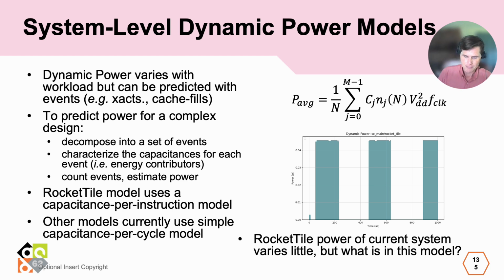and then we'll make some more comments as we go. So first of all, if we want to predict dynamic power, we know that that dynamic power is going to vary a lot with the workload that you have running on that IP, but that you can predict it with a number of events, things like transactions over a bus or cache fills in a processor.